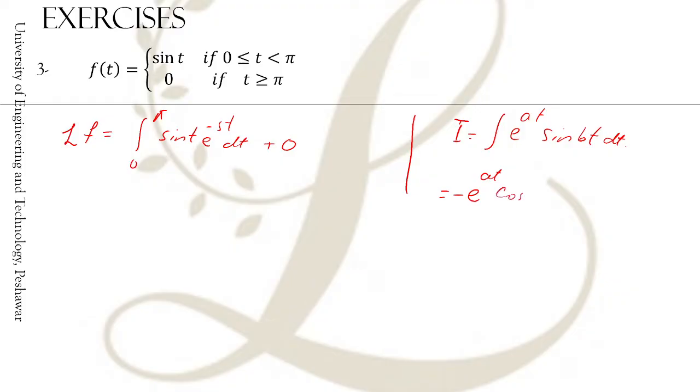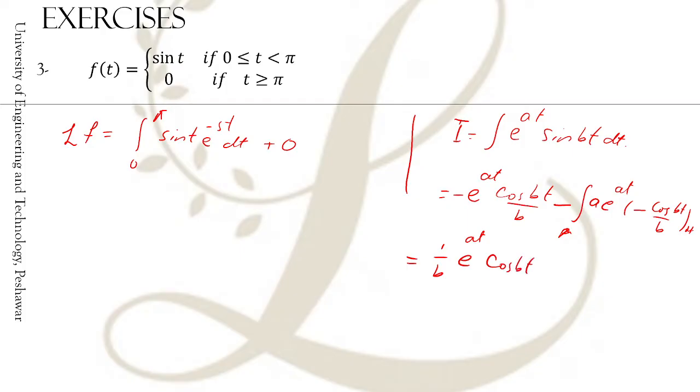minus cos bt divided by b minus integral from a to whatever it is. This is again the derivative of e power at, which is a e power at, into minus cos bt divided by b. So we have 1 over b e power at cos bt, minus into minus plus, and we can just take this a by b outside to get integral e power at, and then we have cos bt.